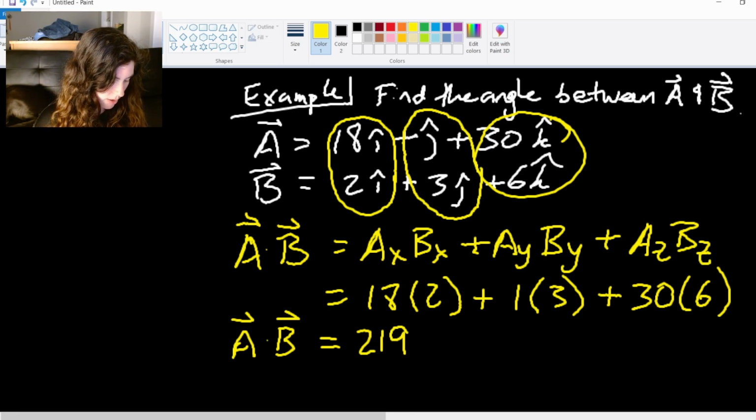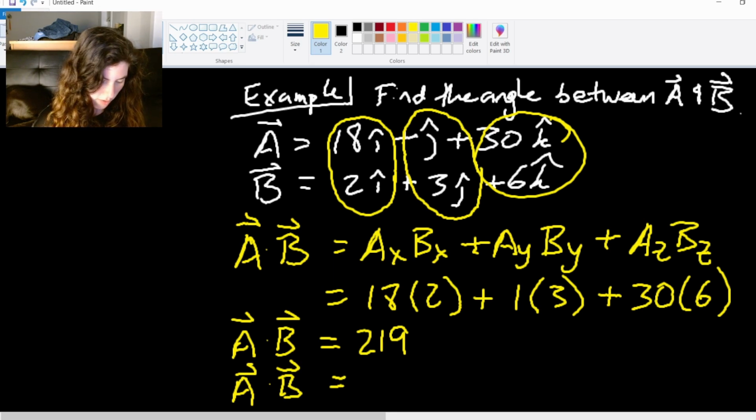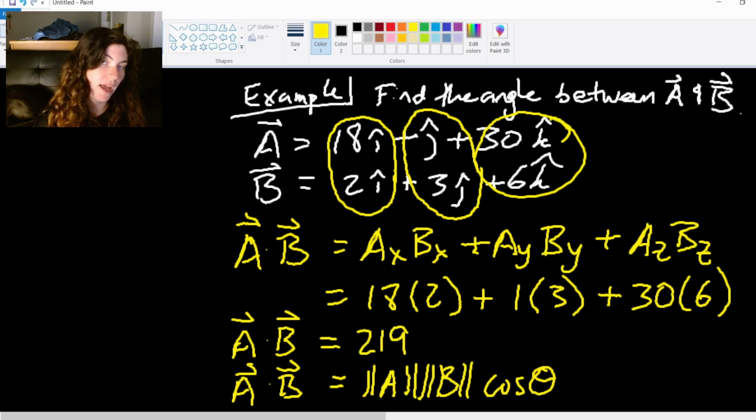So our dot product, A dot B, had the additional definition of being the magnitude of A times the magnitude of B times cosine theta, which does mean we'll need to come back and find the magnitude. Again, should be fairly straightforward at this point.